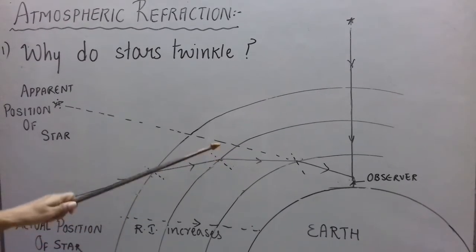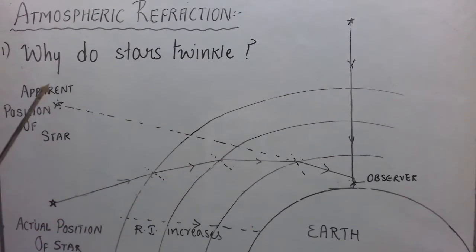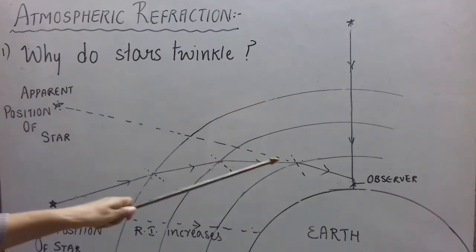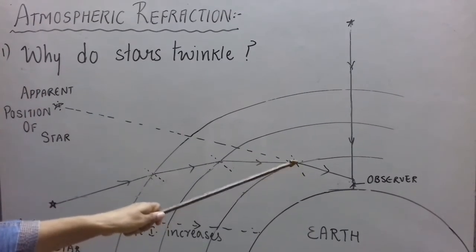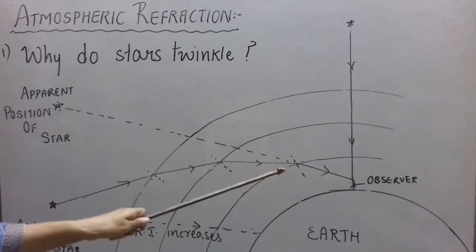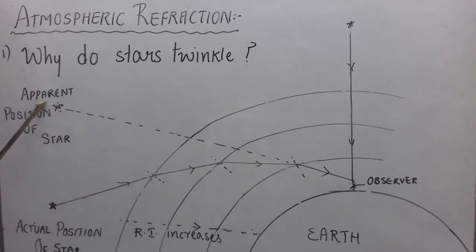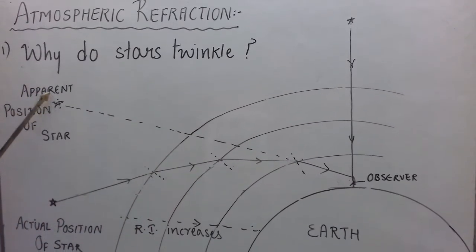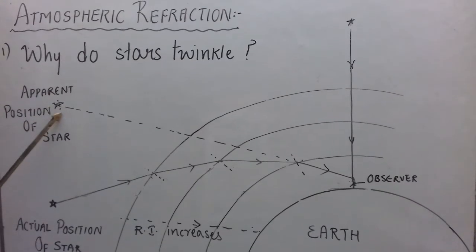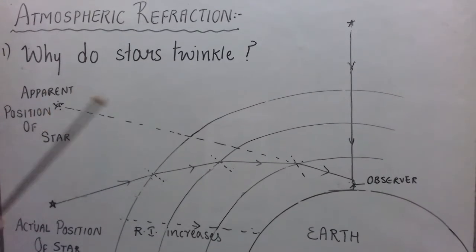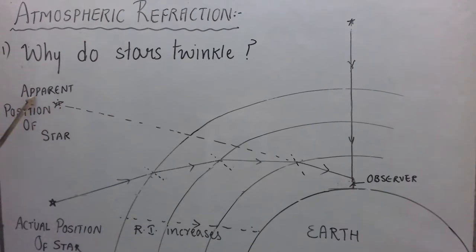It keeps on changing little bit. So apparent position is not fixed because the light here, the ray, continuously there will be change in the bend of this line. So we can say that apparent position of the star is continuously changing, shifting by small amount. So we can say that when we look at the star, its apparent position is continuously changing.